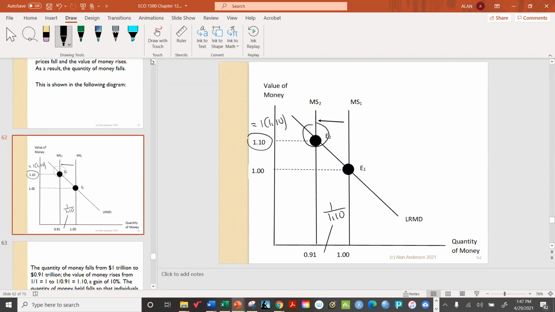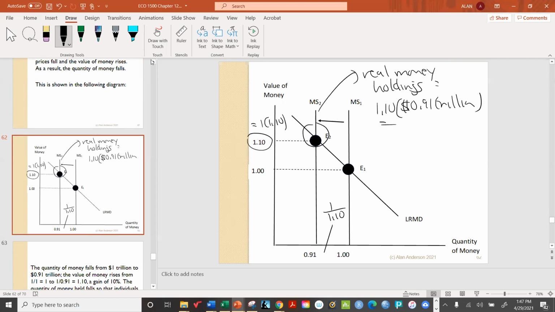If you look at E2, real money holdings equal 1.10 times 0.91 trillion, which equals 1 trillion. Down here, it was just 1 times 1. It's very simple.